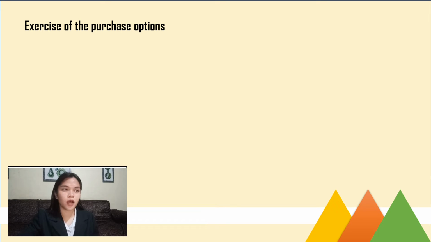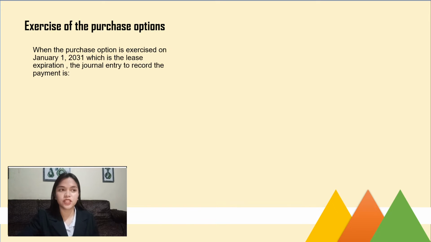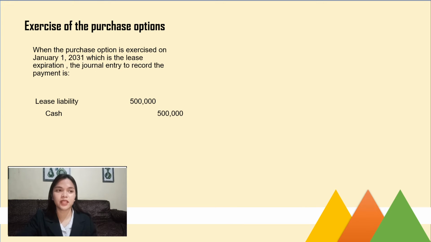When the purchase option is exercised on January 1, 2031, which is the lease expiration, the journal entry to record the payment is we debit lease liability amounting to 500,000 and we credit cash amounting to 500,000. So, ito yung journal entries na dapat natin gawin if ever na ma-exercise yung purchase option.